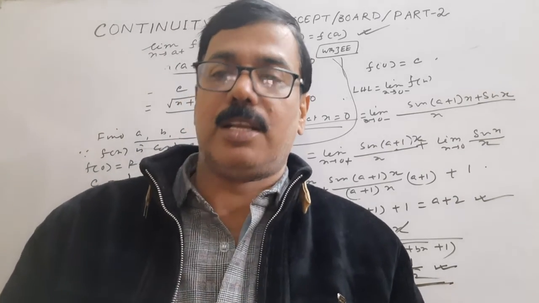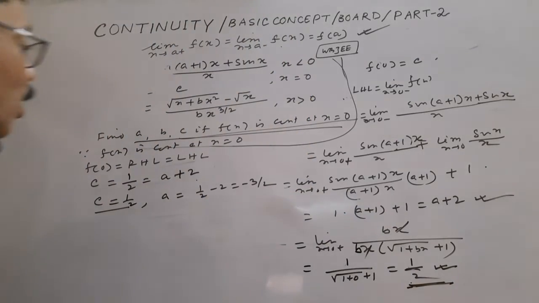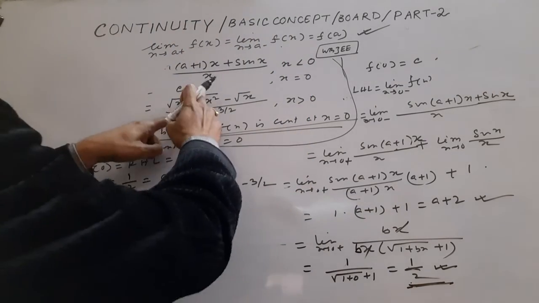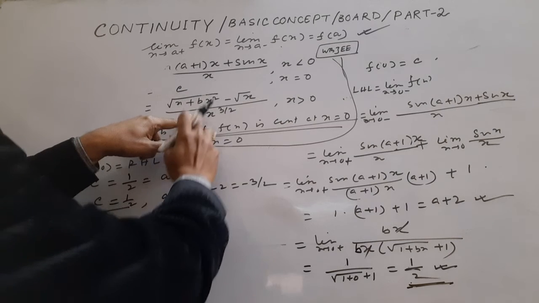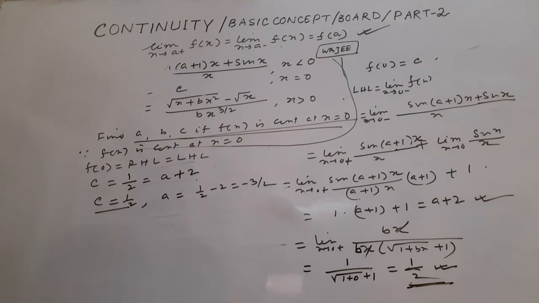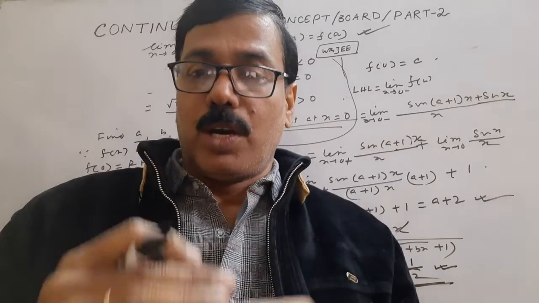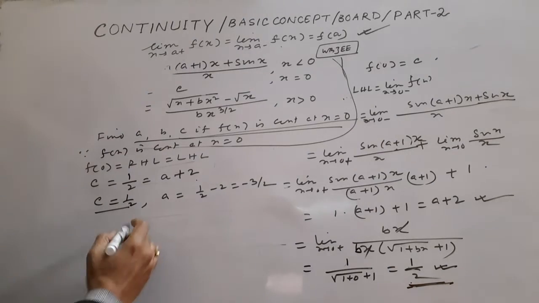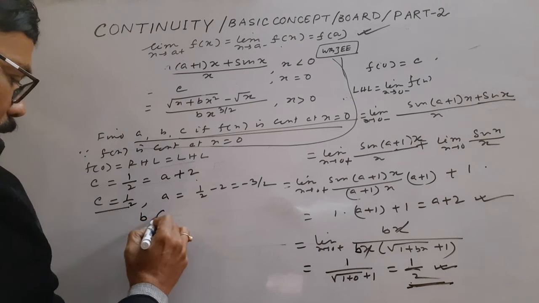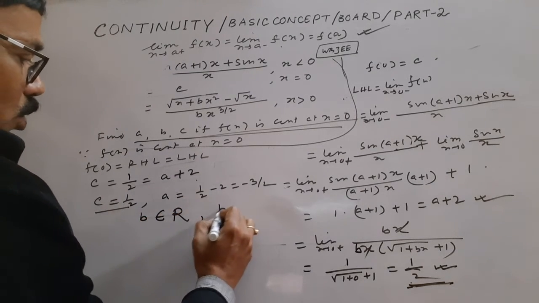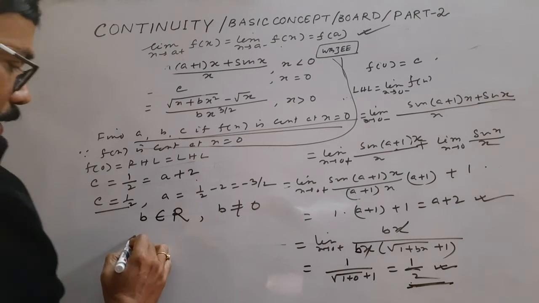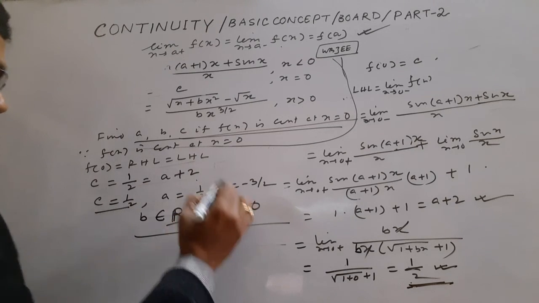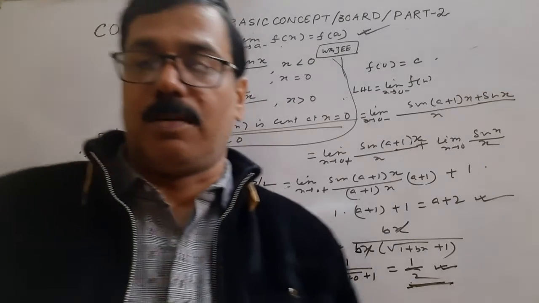But since b is at the denominator, b not equals 0. So the condition is b belongs to real, not equals 0, that is, b is any non-zero real number.